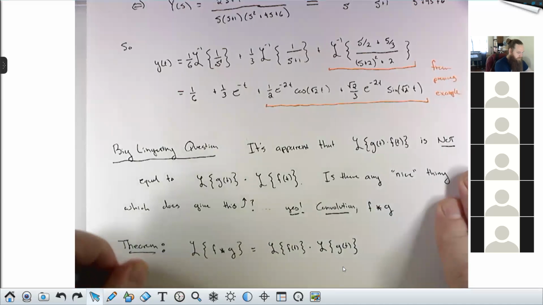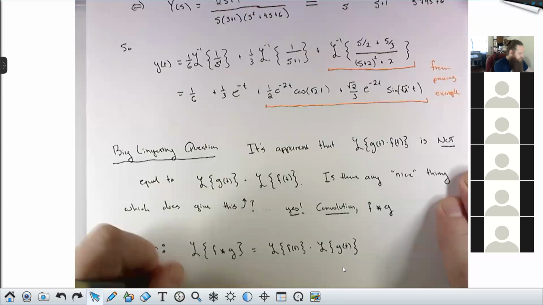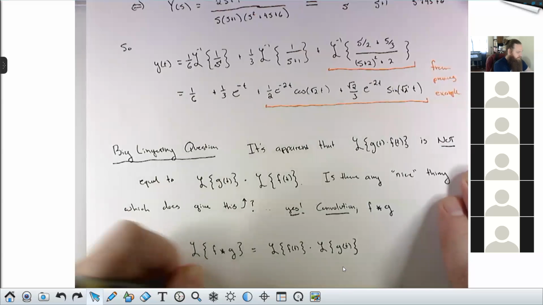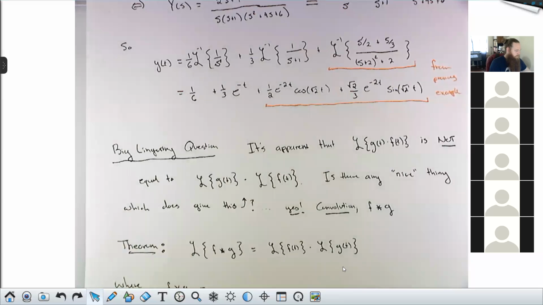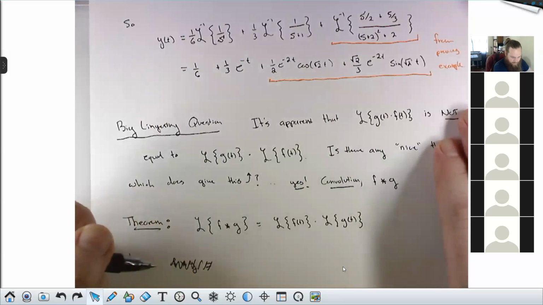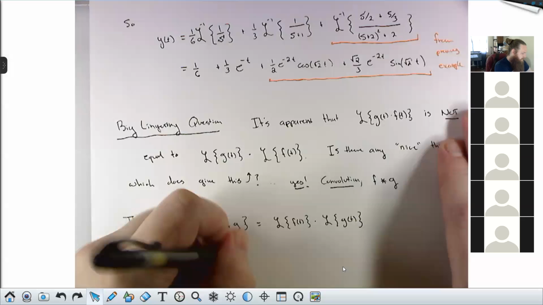Where f star g is the convolution of f and g. So this is going to be a new function. Let me emphasize the notation here. This is going to be a function of t.